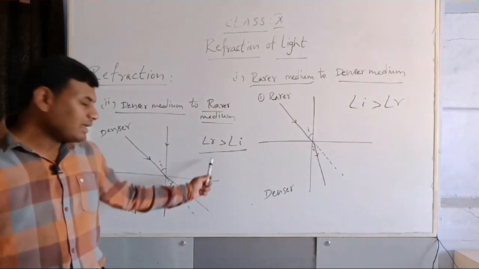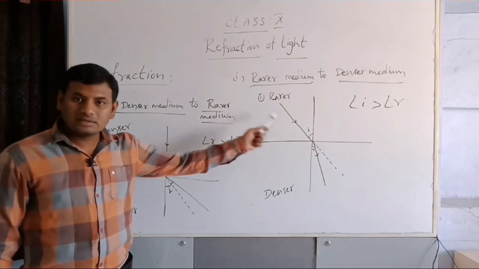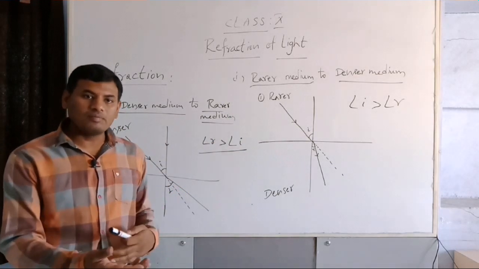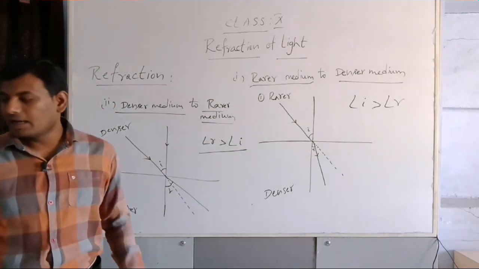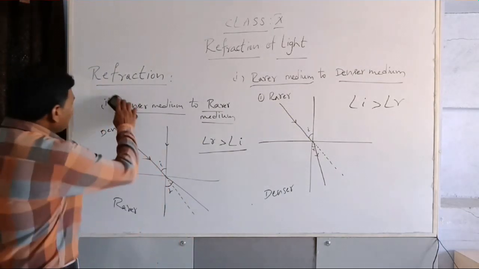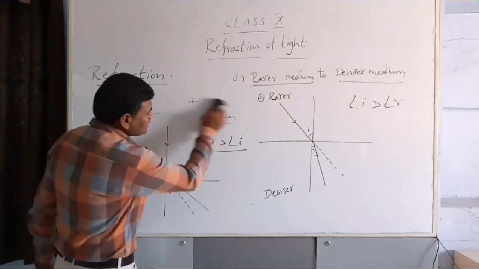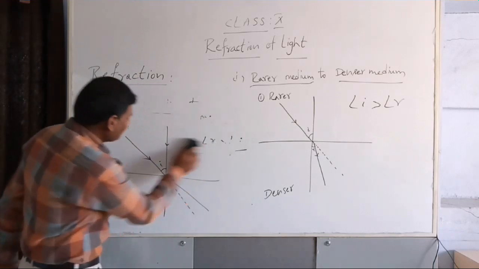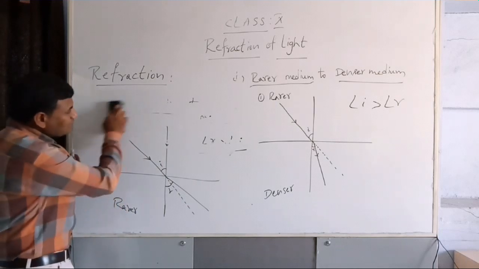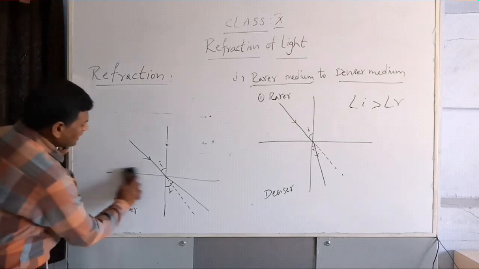Now let us see the other factor which decides how much refraction takes place, that means by how much the speed of light decreases or increases. That can be explained with the help of refractive index. Based on refractive index we will say that the speed of light increases or decreases and by what factor.